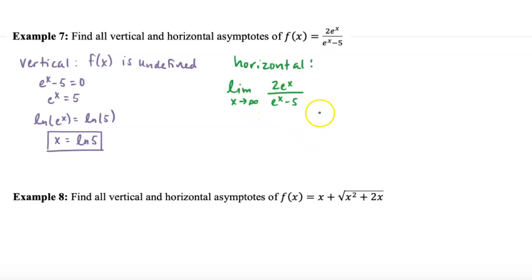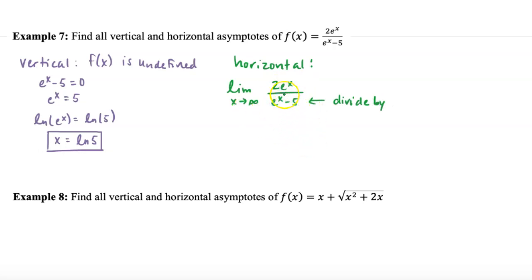And so I'm going to divide by the highest power in the denominator. Now, what is that? Well, we don't exactly have a polynomial in the numerator and the denominator, at least not in an ordinary sense. And so I'm going to divide by the thing that's making this denominator the biggest.